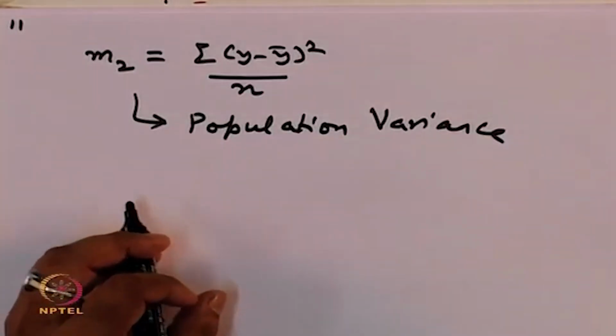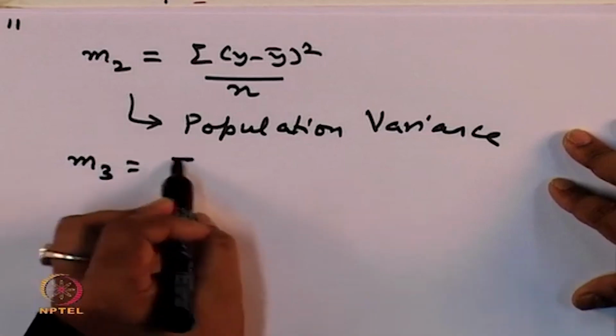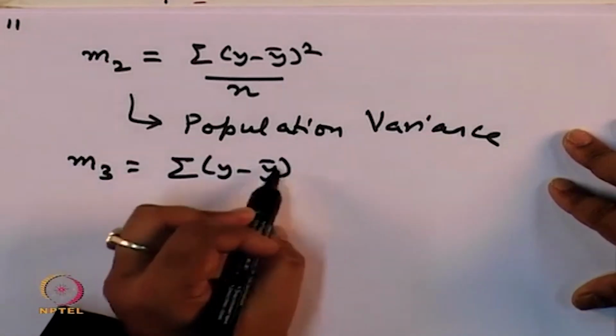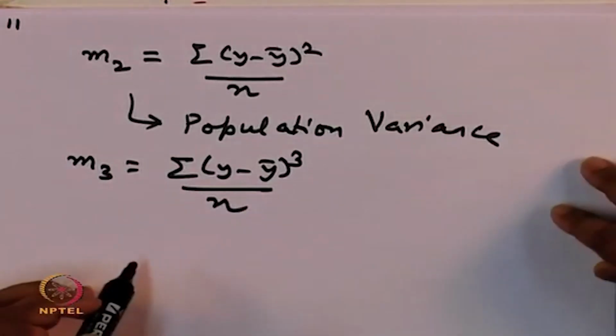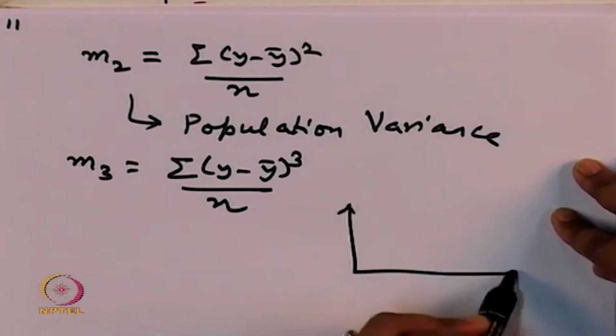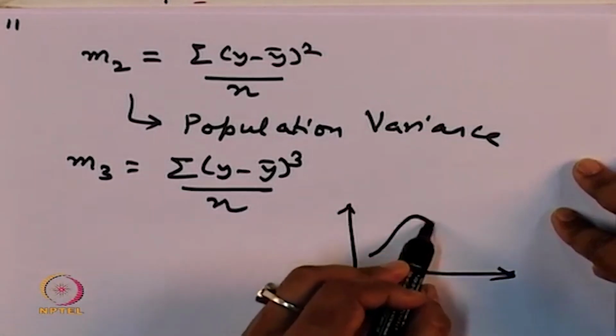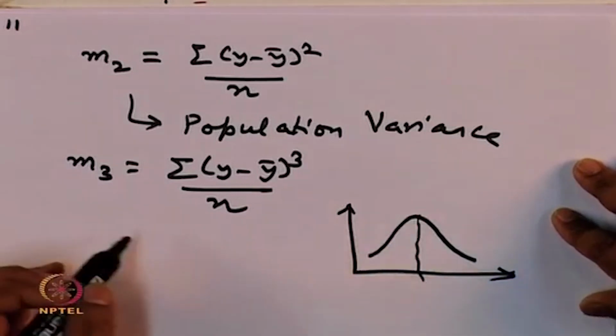Similarly, I can calculate m3, which is equal to summation of (y minus y bar) whole cubed divided by n. Now, let us consider a very symmetric distribution. If my distribution was symmetric, so there is symmetry in this distribution.